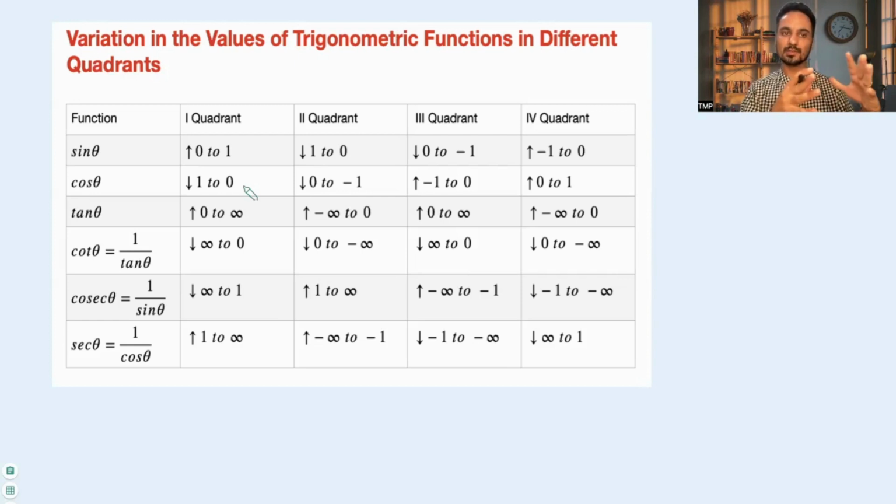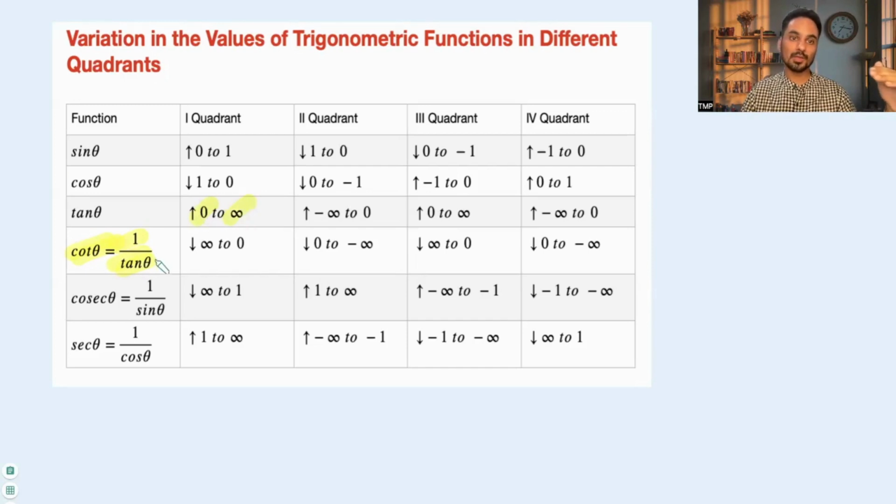So far, we have discussed how the value of sine theta, cos theta, and tan theta changes when you move from first quadrant to fourth quadrant. Now let's see how the value of cot, cosec, and sec varies when we move from quadrant 1 towards quadrant 4. Starting with cot theta, which is equal to 1 over tan theta. We know that in first quadrant, tan varies from 0 to infinity.